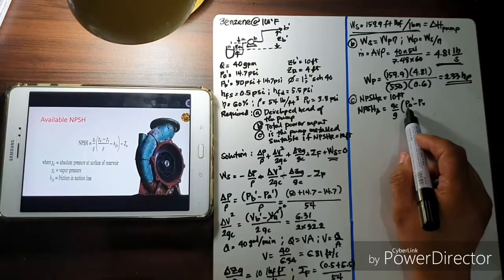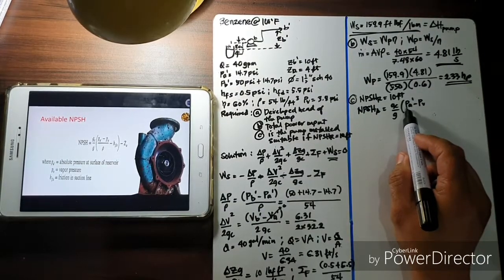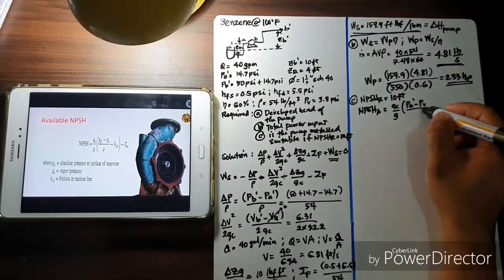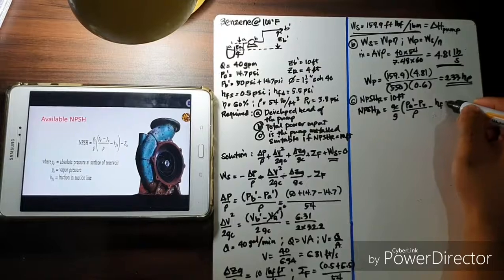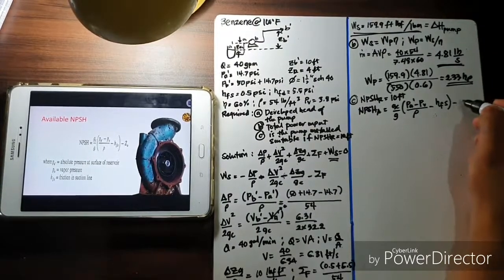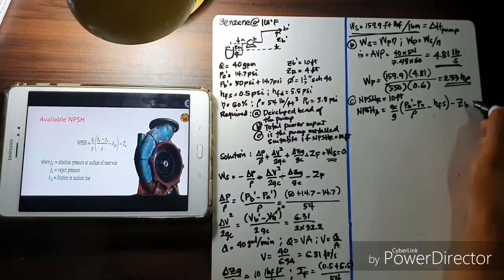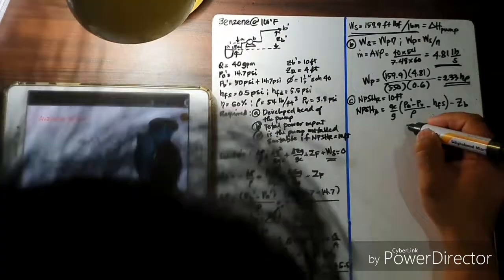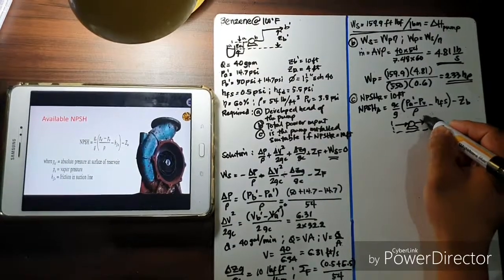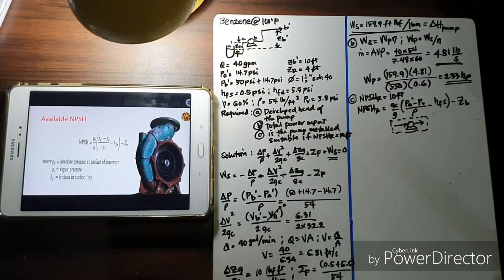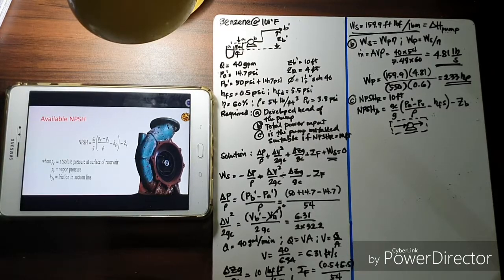This is the pressure at the surface of the reservoir minus its vapor pressure divided by the density, minus the friction at the suction only, minus the elevation of the pump. So we're considering only the pump, suction, and the discharge. This is just our system now, to find the NPSH available.